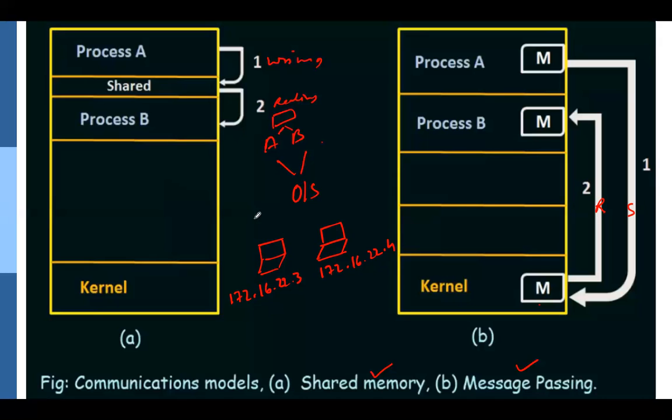Let's say we have the concept of client-server, so we have a client and we have a server, and the client will make some sort of request to the server. Generally we use message passing with the help of some sort of port number. So we know what we mean by port number, right?